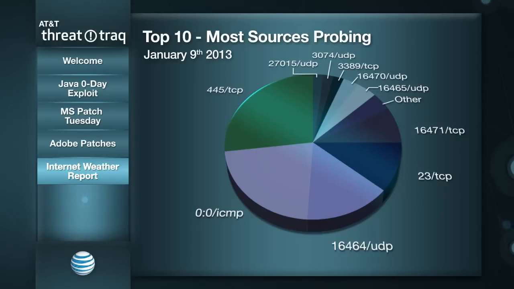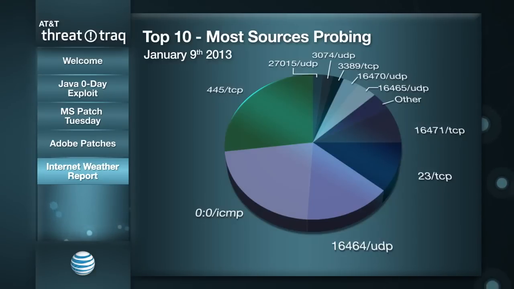So in the previous slide, where you might only have a small number of sources scanning on 22 TCP SSH, we see lots of bots, Zeroaccess bots, out there scanning on these various ports, trying to find other peers of theirs to connect with. So the 16464, 471, 465, 470, those are all Zeroaccess infected hosts trying to find each other.